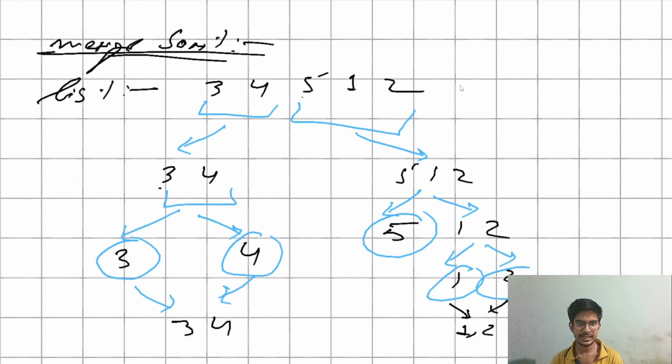Suppose this is the first step, and it has one element. So it has one step.